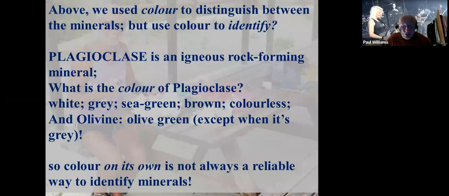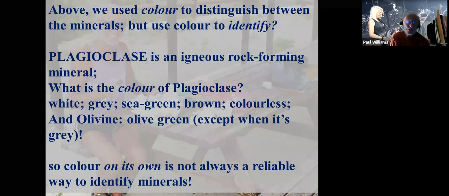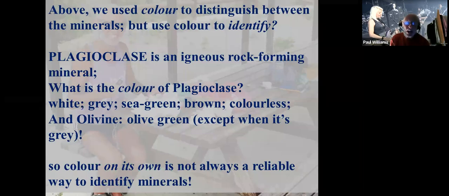I want to carry on with this idea about color because it's probably one of the first things we identify when we look at rocks in hand specimen. The colors leap out at us. But using color to identify is a completely different ballgame. I want to consider the rock-forming mineral plagioclase.